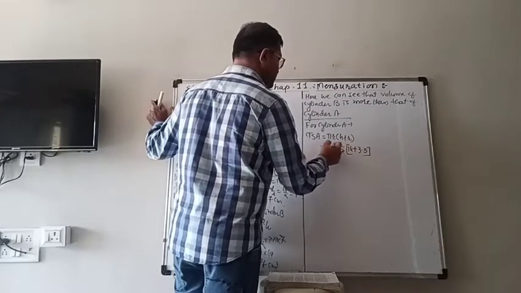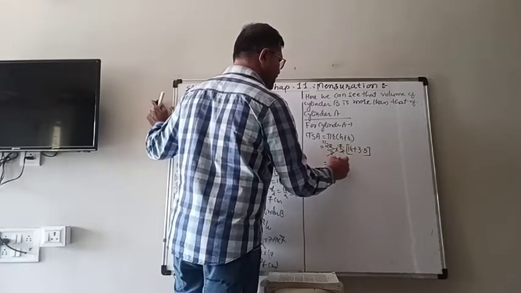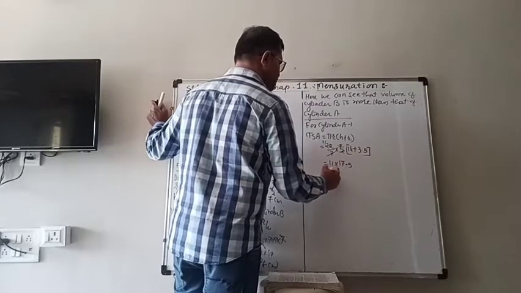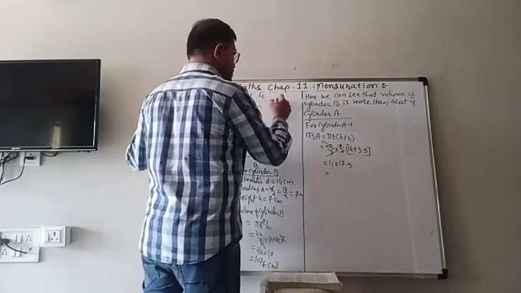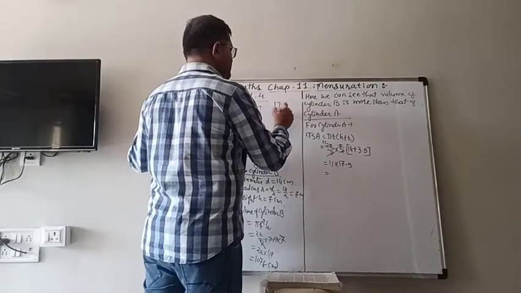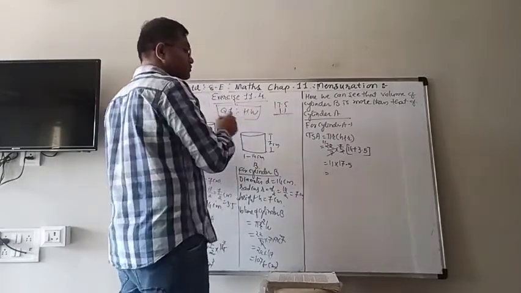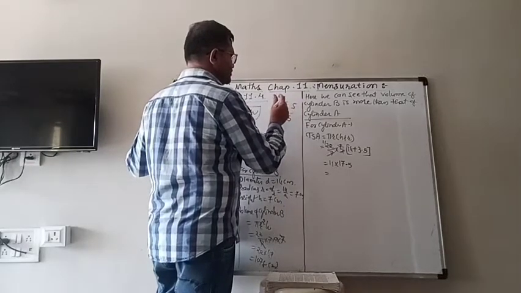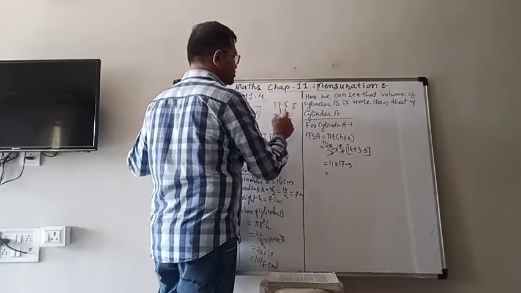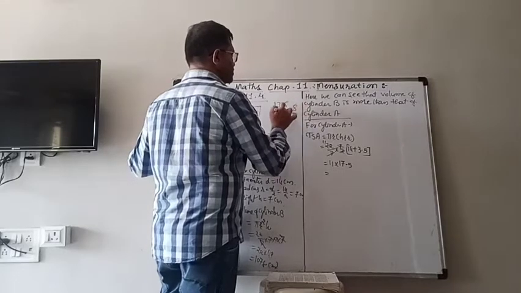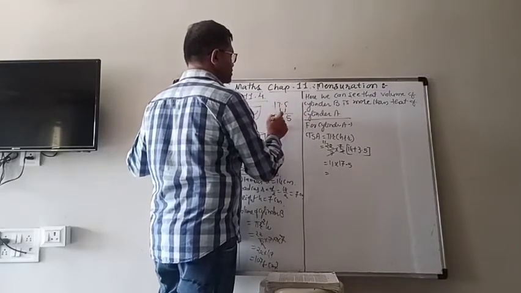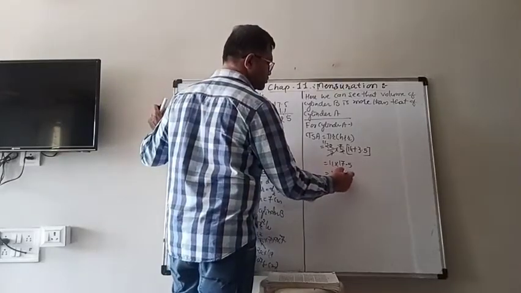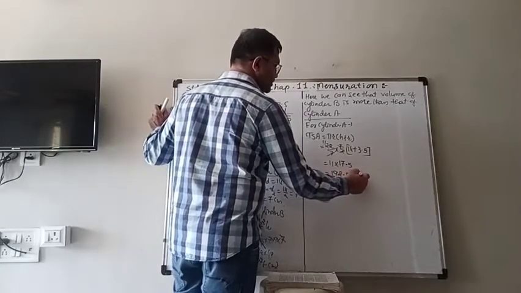So 7, 7 and 11 here. So 11 multiplied by 17.5. So 17.5 multiplied by 11. 11 fives are 55, 11 sevens are 77. So 192.5 centimeter square.